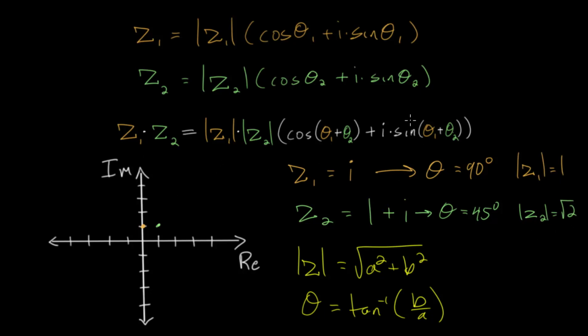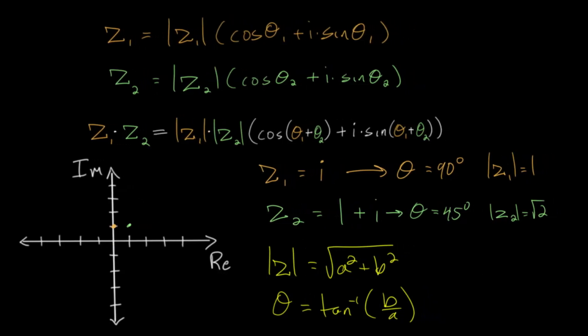Now, based on this formula, if we plug in what we know about the two numbers we are multiplying, and let me make just a bit more room. So z1 multiplied by z2, based on the formula, we would get 1 multiplied by the square root of 2, and we would have the cosine of the angles added together, which would be the cosine of 135, and then we would add i times the sine of 135.